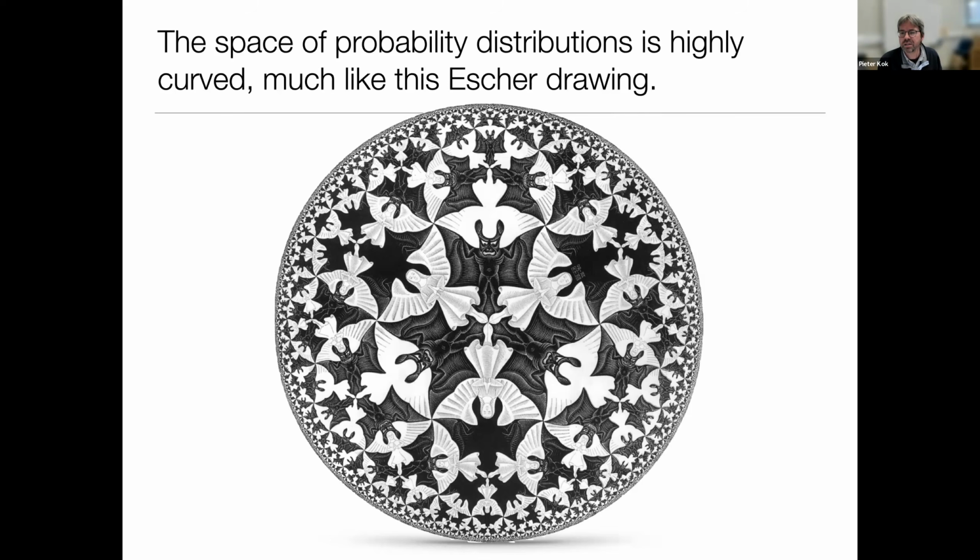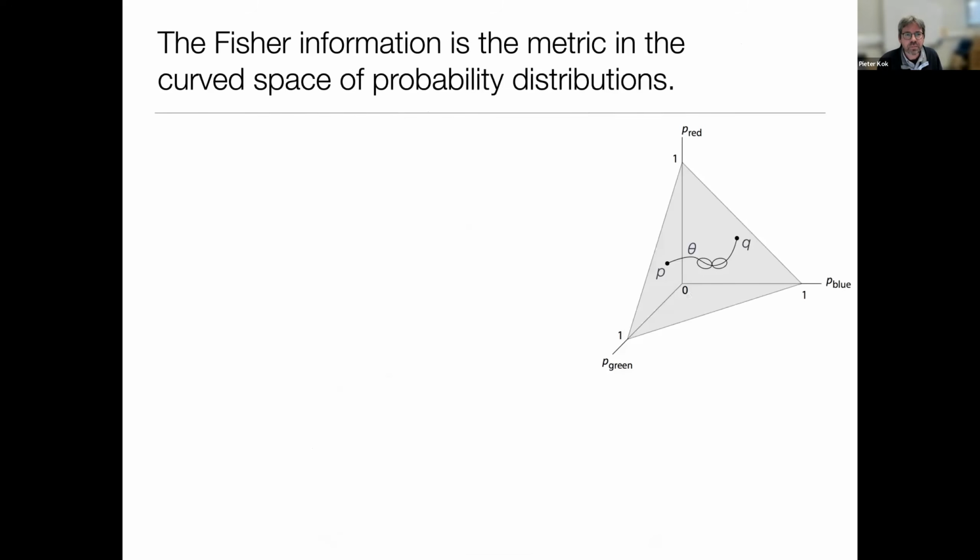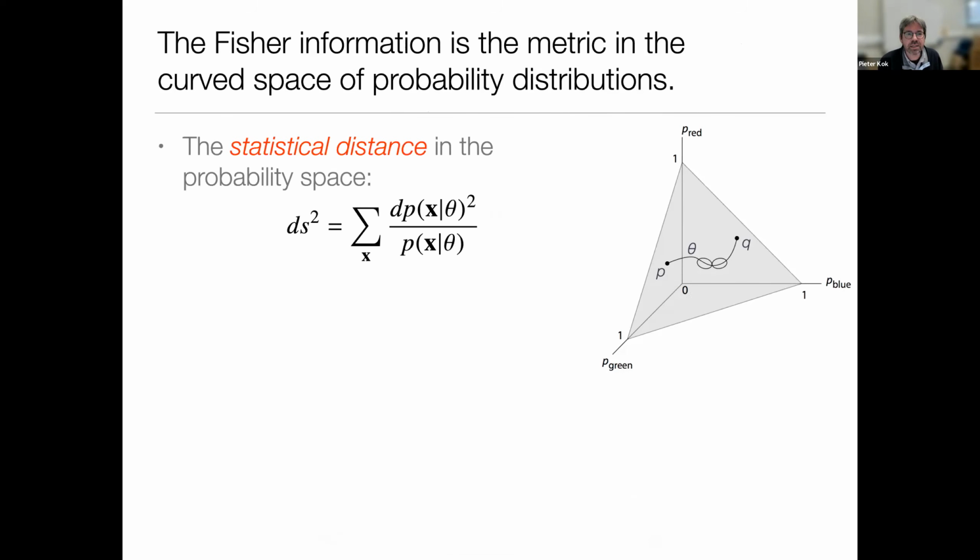You can do that, but you don't quite get results that make much sense statistically speaking. And so it turns out that this space is curved like this Escher drawing, and so what we want is a metric in this space, this triangle, and the statistical distance provides this metric.